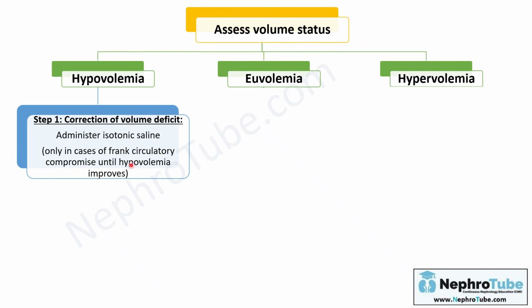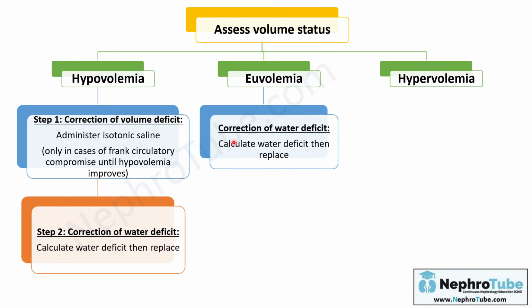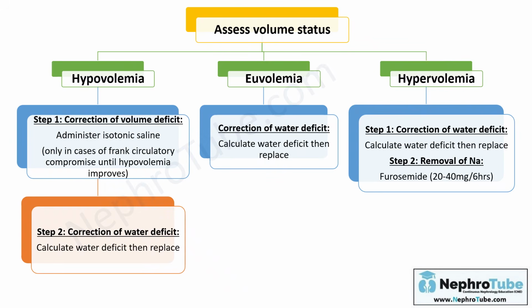You have to correct this hypovolemia by isotonic saline, because this hypovolemia may precipitate pre-renal kidney injury and acute tubular necrosis. After that, you can correct water deficit according to the volume you calculated. If the patient is euvolemic, you can correct water deficit directly.